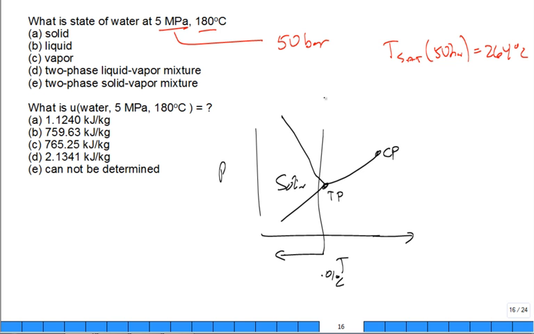Your two choices are you're either going to be a liquid or a vapor. True? There's no way to have 180 degree C water that's solid. It's just not going to happen. All right.